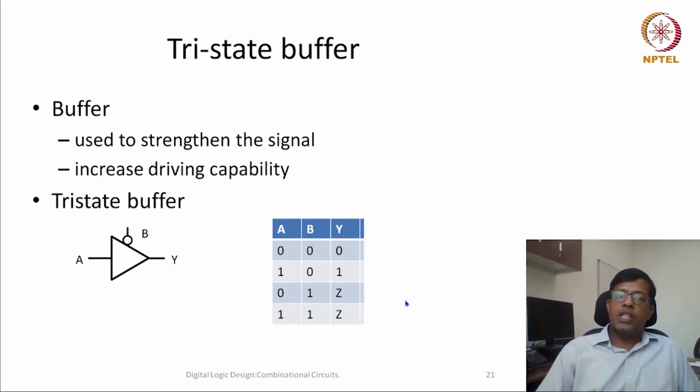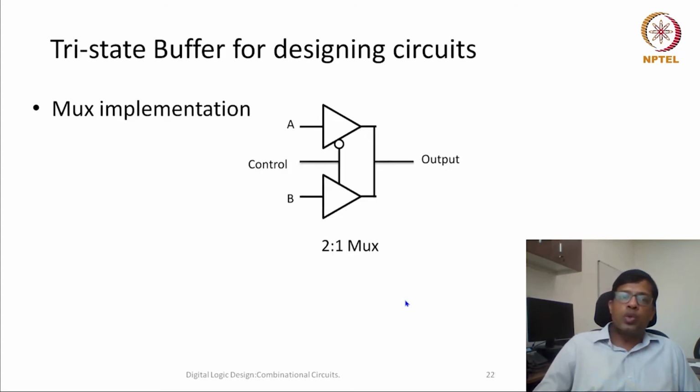Okay, so now these tri-state buffers can be efficiently utilized to design multiplexers. So how? Let's say I am designing a simple circuit where this A is the input, this is the control.